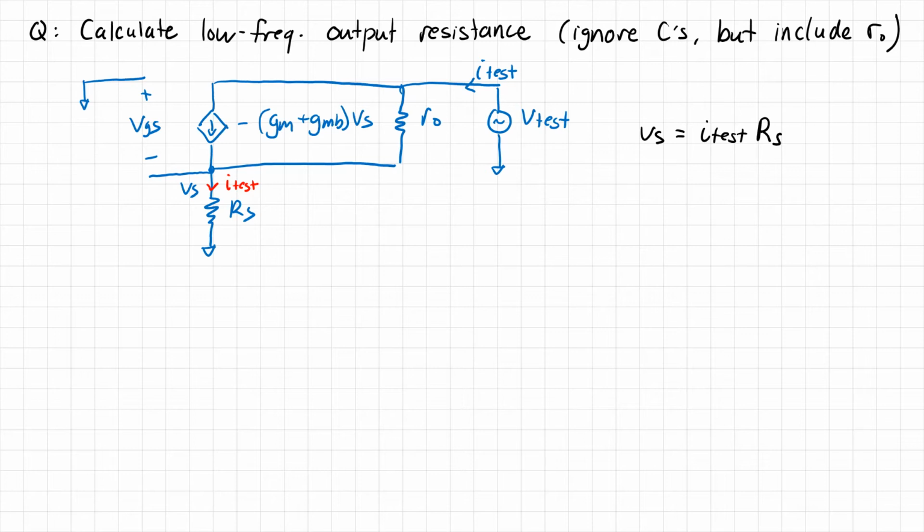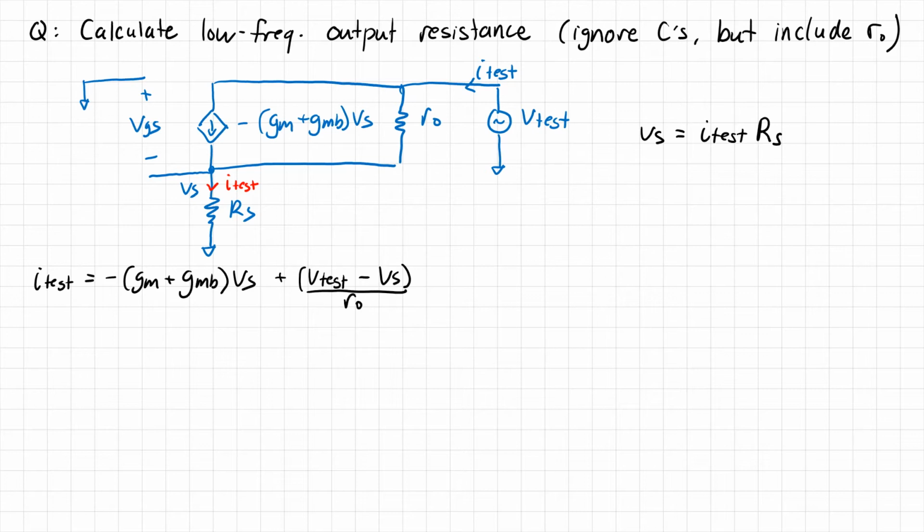Okay, so we can go ahead and start the derivation. We say that I test is equal to minus (gm plus gmb) times VS plus (V test minus VS) over RO. This is just the KCL equation at the output node. And we already have an expression for VS. We wrote it down up there.